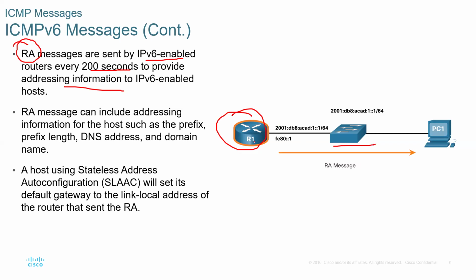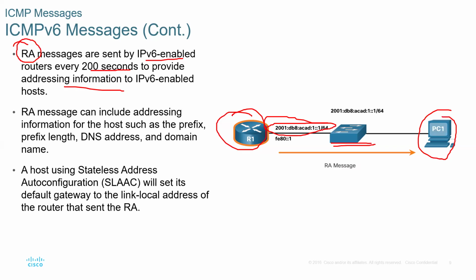So the router advertisement is sent to a local network, and then this particular PC will take the advertisement to say, I have an advertisement of a default gateway that I should add in my IP address configuration.